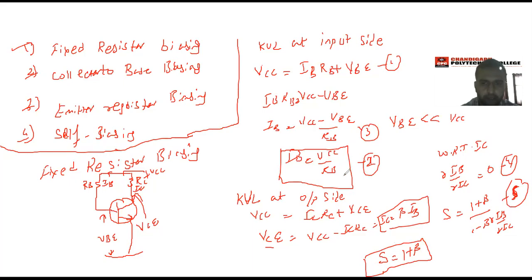This is the main reason why we are not using it. Second, we will discuss collector to base biasing. The second is collector to base bias. Here is a diagram.